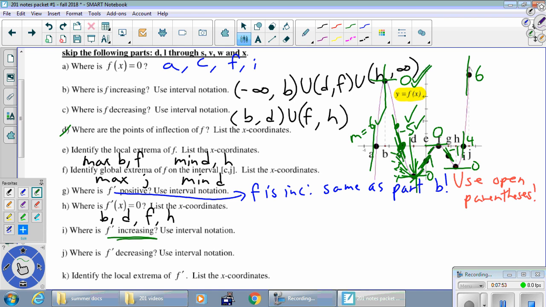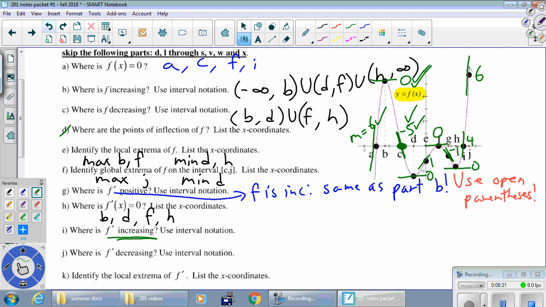But then we start to decrease again as we get up here to the top. So I would say that someplace between C is where f prime starts to increase, maybe over to here. Wherever the steepest uphill tangent line is in here someplace is where it stops increasing. So I guess I would say from C to E.